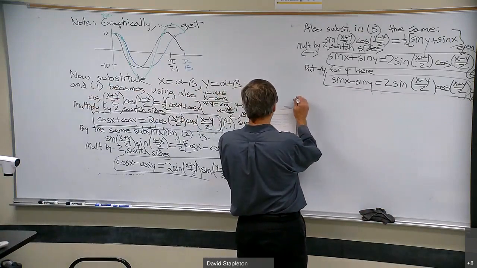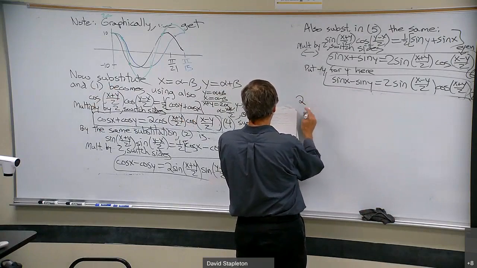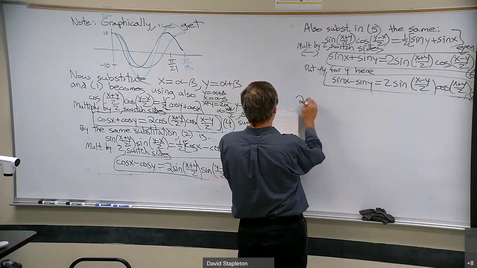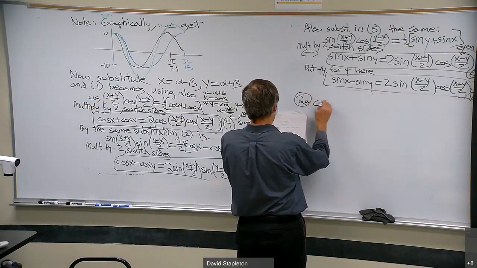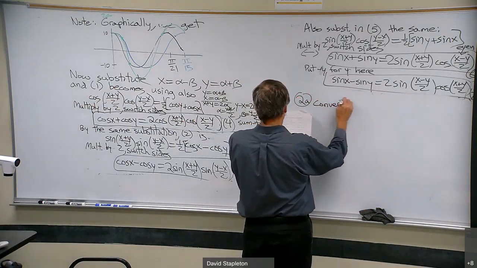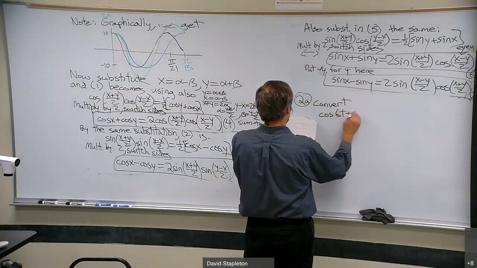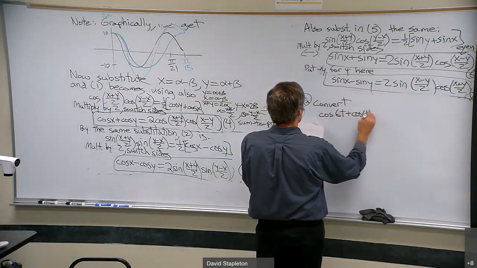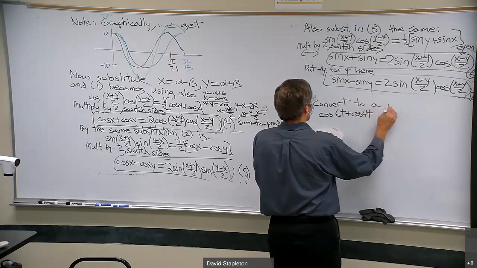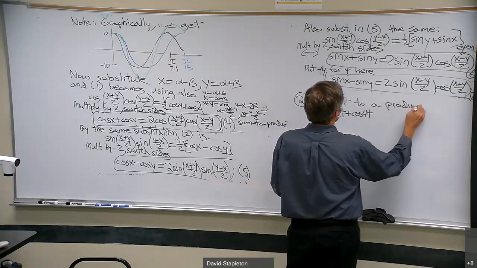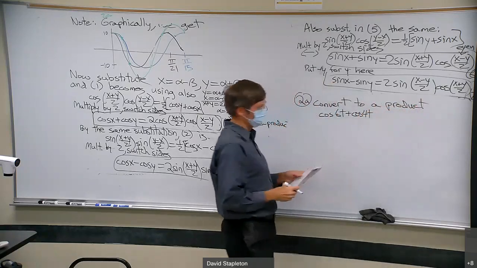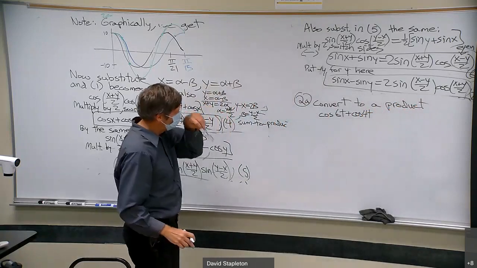So here's number 2, A. Convert this pair, cosine 6t plus cosine 4t, to a product of sines and cosines. Suppose you added these two ways. How do I go back the other direction?